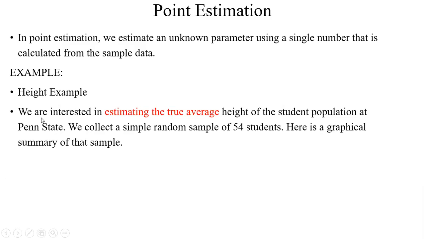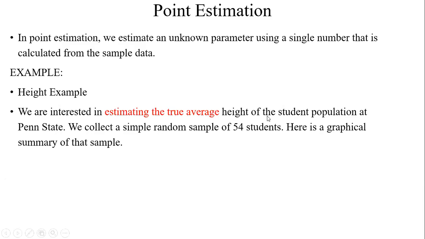In this example, we are interested in estimating the true average height. A synonym for average is mean. The true average height of the student population at Penn State or somewhere. So we need to find out the true average height of a student in the selected population.